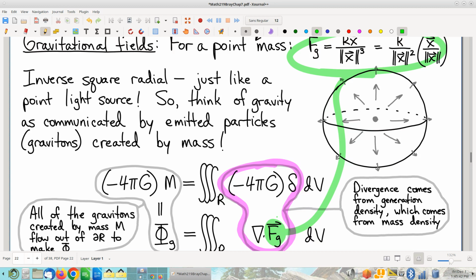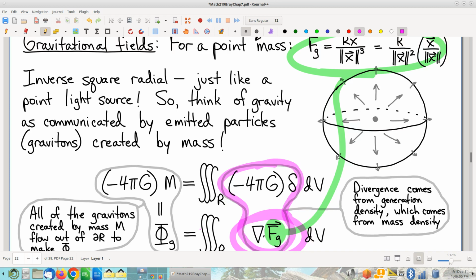What if you had a bunch of them? The vector field would get tremendously complicated. This, as it is, is complicated because it has square roots in it. This is a very ugly vector field. But again, way worse if you have lots of particles of mass. And we have just successfully computed the divergence of that extremely complicated vector field.